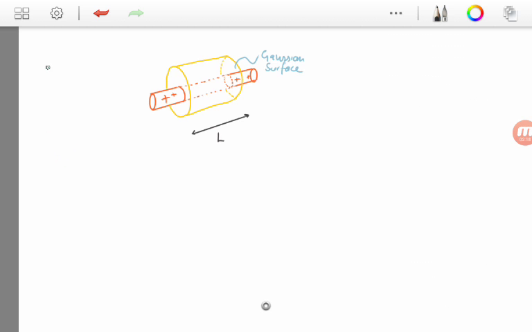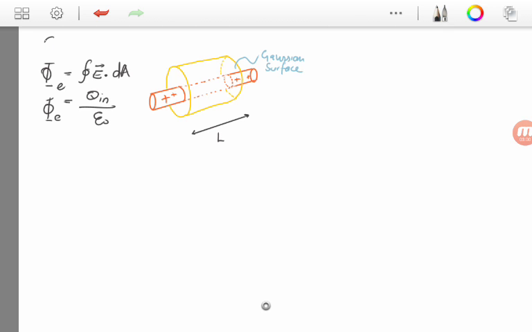It says that the net flux is equal to the integral of the electric field, which is a vector, times the area, but this is also equal to Q inside of the Gaussian surface divided by epsilon naught.